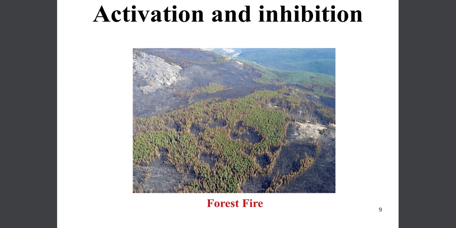People will try to kill the fire by putting water from a helicopter or something else. Now the water supply needs to go faster than the fire. Otherwise the fire will take over all the forest and it will totally burn.